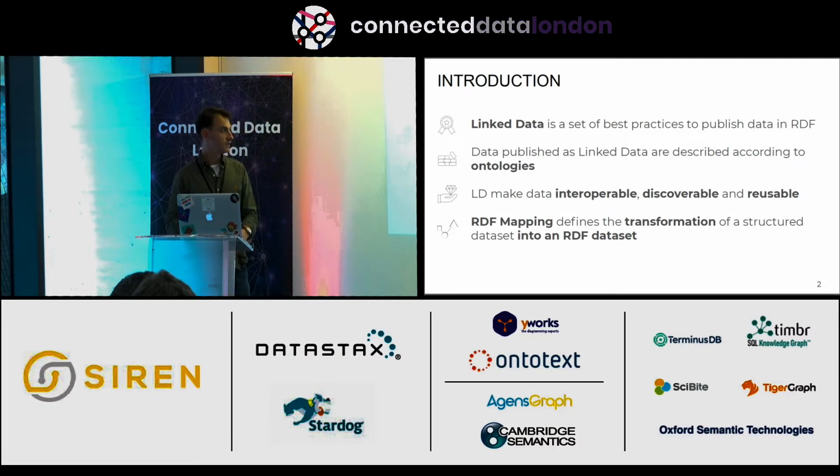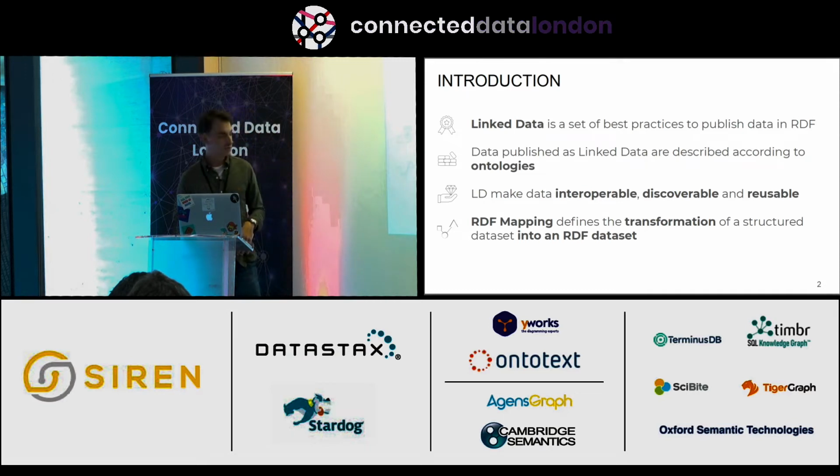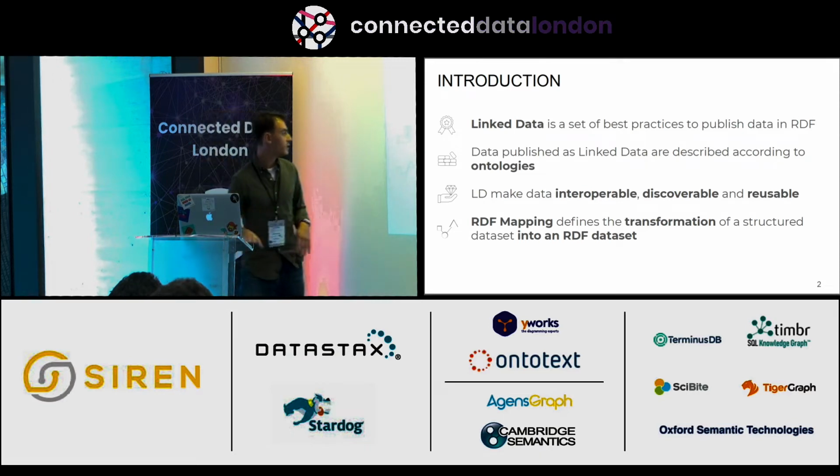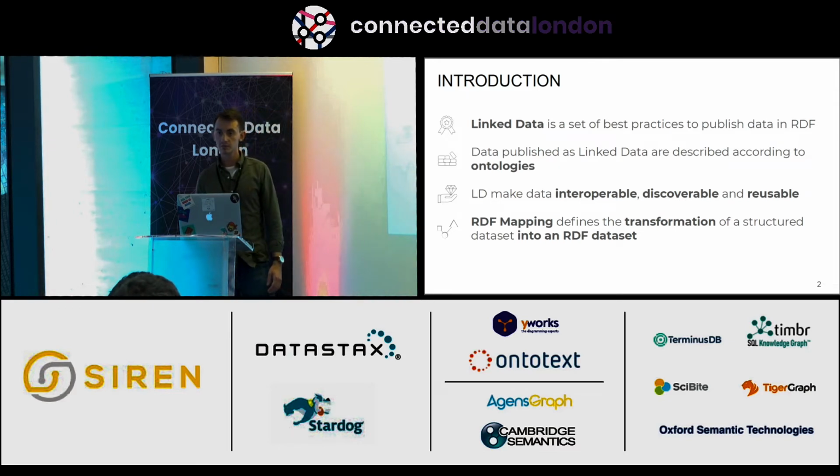But despite these advantages, we still have a lot of data that are not stored or not integrated as linked data. But it's not a real problem because we have what we call the RDF mapping. An RDF mapping can define the transformation between a non-RDF data and an RDF dataset.